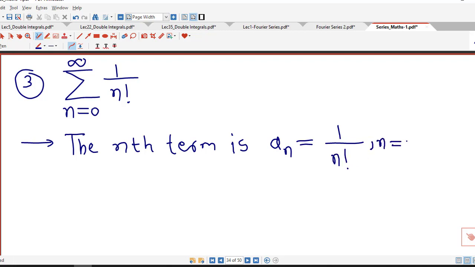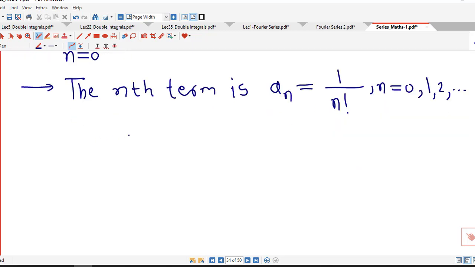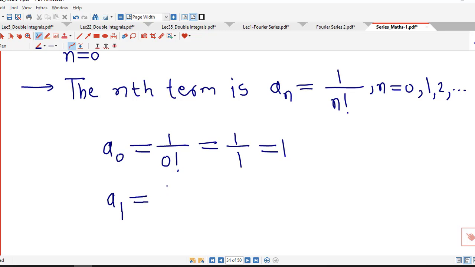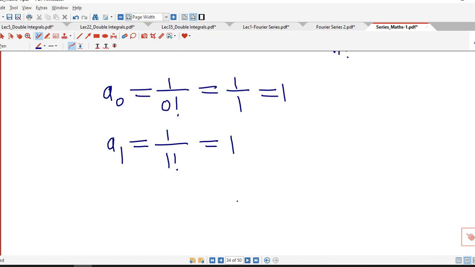Here n is starting from 0. Now for n equal to 0 we have a0 equal to 1 by 0 factorial, which is 1 by 1, which is equal to 1. a1 is 1 by 1 factorial, that is also 1. a2 is 1 by 2 factorial, and it is equal to 1 by 2.